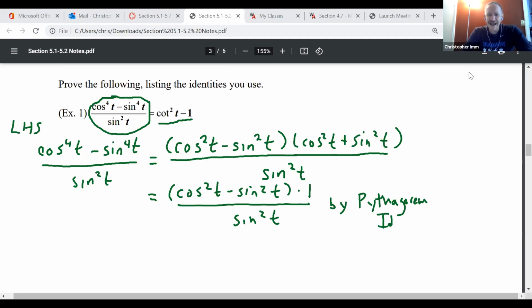Okay, so now that we have that simplified, it might be time to come back out and take a look and see, I have to split that first term into two terms. So is there any way now that I could split that into two terms? What do you think, Tomas?